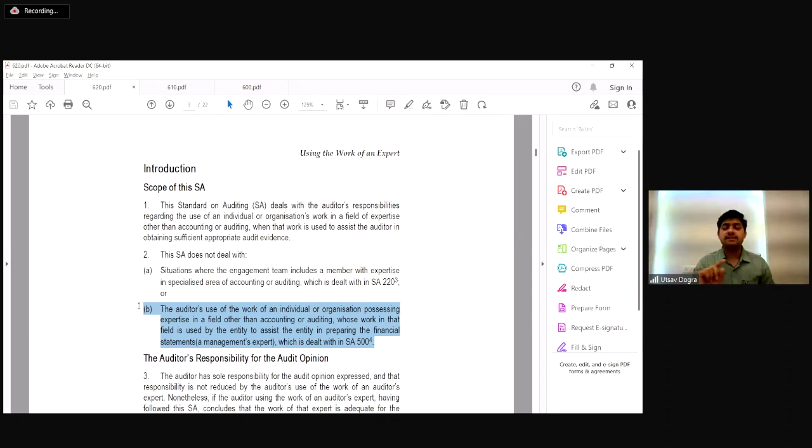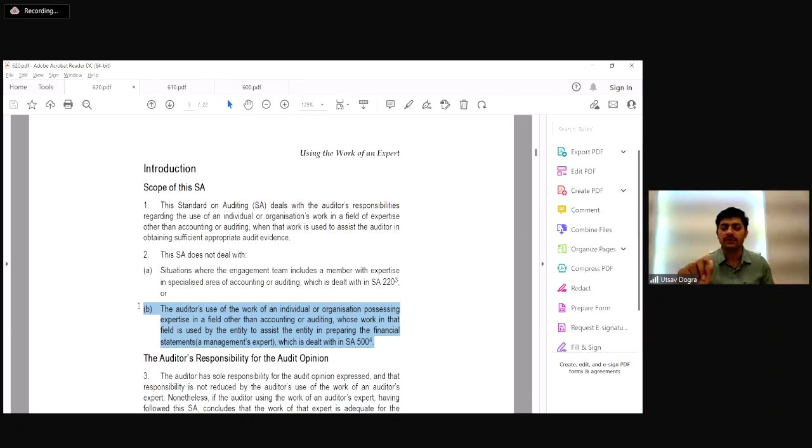Or let's say it is the market valuation of land and property, and the management is increasing the valuation of the land and property in the books of accounts. In that case, the management has engaged a valuation expert, who does not belong to the field of accounting and auditing.